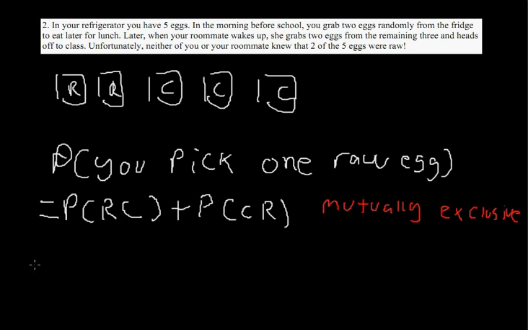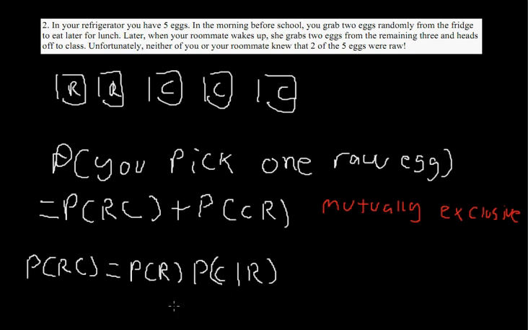The probability of picking a raw one and then a cooked one by the multiplication rule is the probability that we first pick a raw one, then that we pick a cooked one, given that we picked a raw one. Well, this guy is just 2/5. There's 2 raw ones and 3 cooked ones.